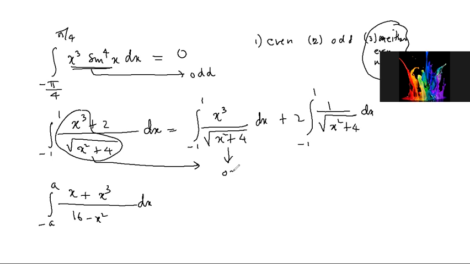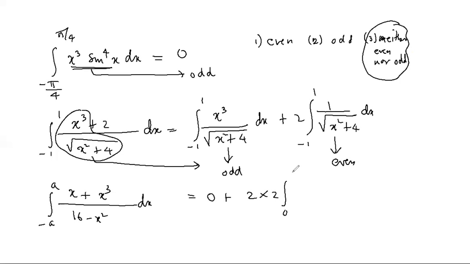This is odd and this is even. So your answer became 0 plus 2 into 2 times integral 0 to 1 upon root x square plus 4 dx.